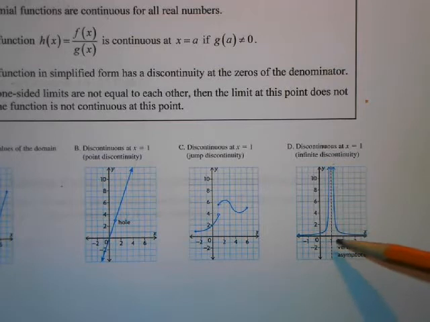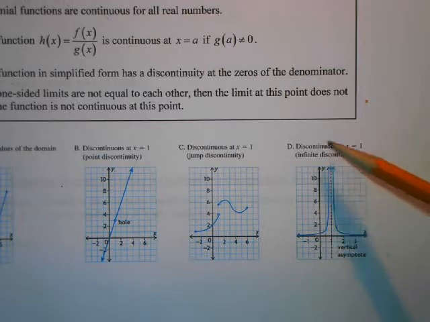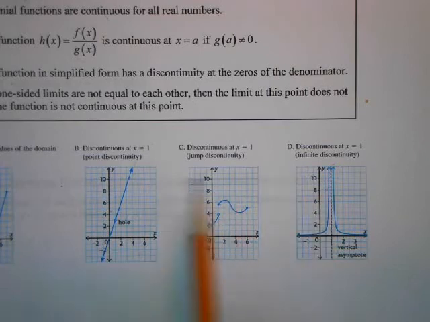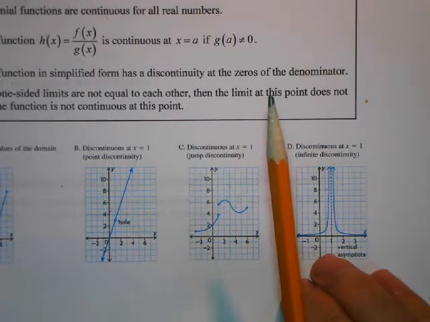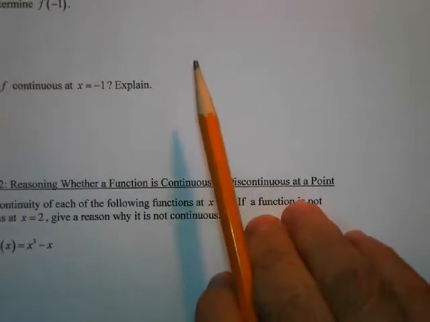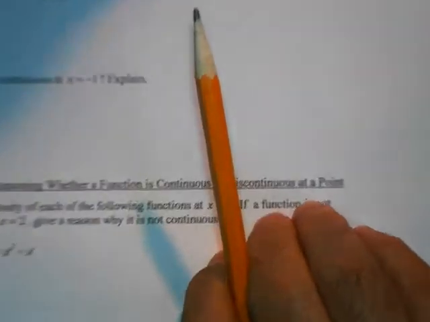So the limit exists at x equals 1, but the function is not defined at x equals 1, so therefore it's not continuous. It's discontinuous. So those are the three types of examples of when it's discontinuous. All right, so this should be a fairly quick lesson. Zoom back out.